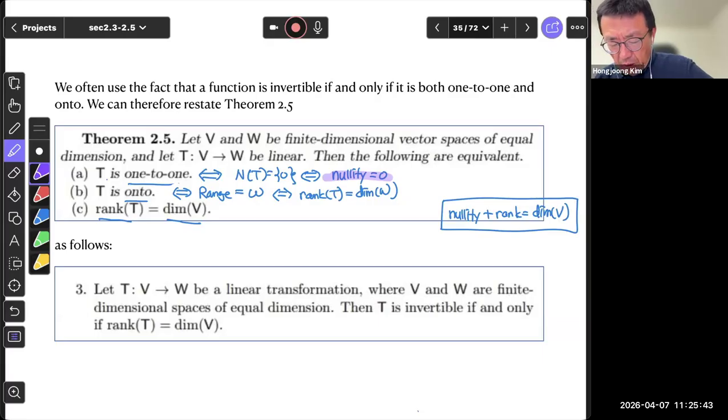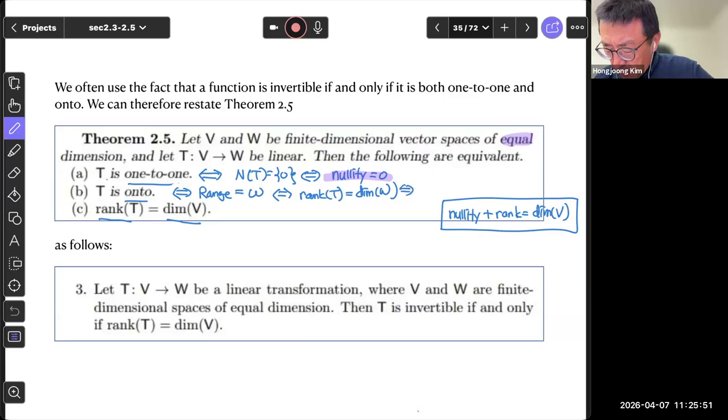The V and W have the same equal dimensions. In that case, the dimension of W equals the dimension of V. So in that case, from this rank nullity theorem, the nullity will be zero as well. And both represent that the rank and the dimension of the domain are the same. So that's what we considered previously.